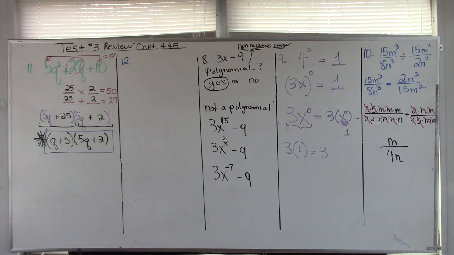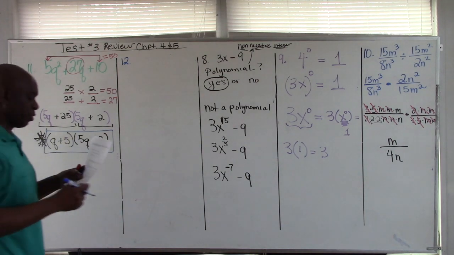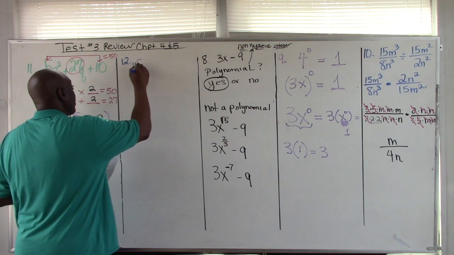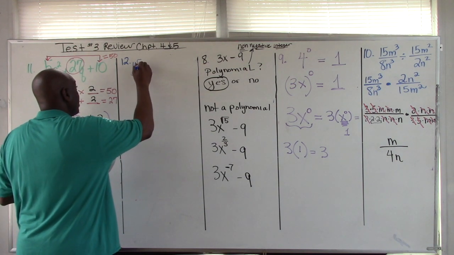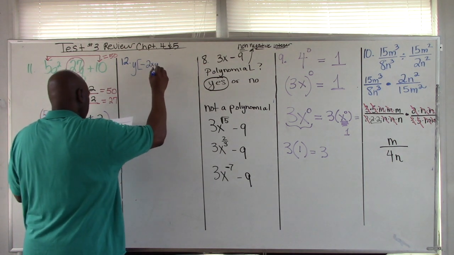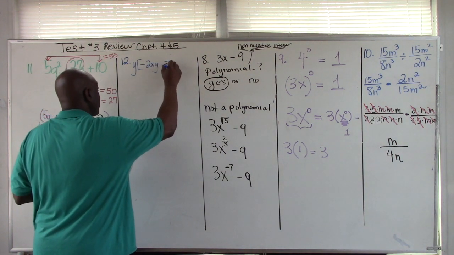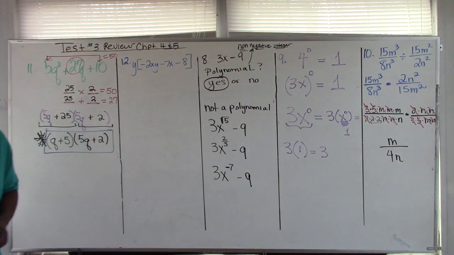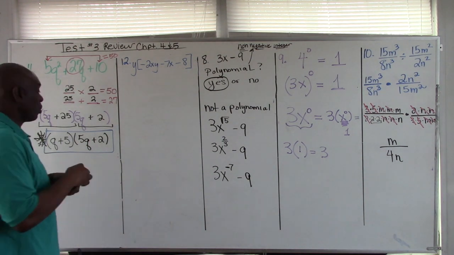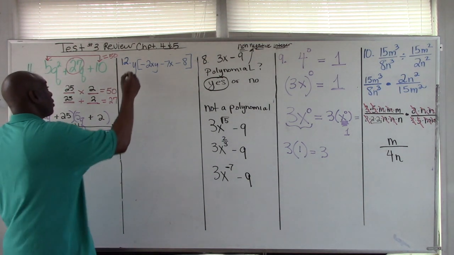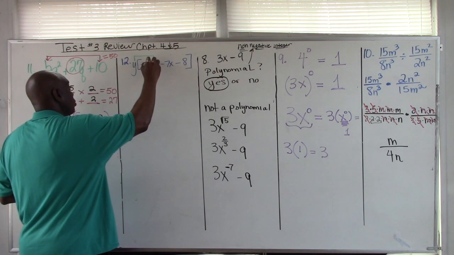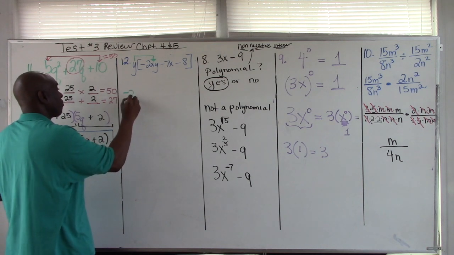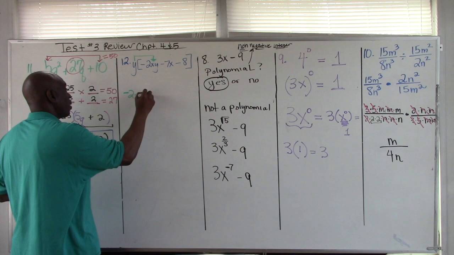Okay, what is number 12? Multiply. We have y being multiplied by negative 2xy minus 7x minus 8. Multiply it. Well, here we go. First, multiply y times negative 2xy. Well, that's going to give me negative 2xy squared.